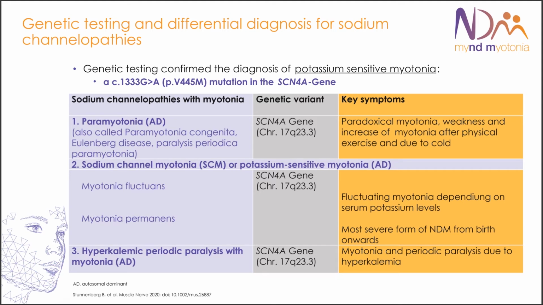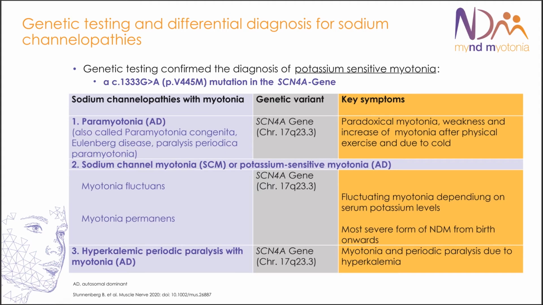He had a mutation as shown here in the SCN4A gene, and this mutation was related to the potassium-sensitive myotonia, which is also named myotonia fluctuans, fluctuating myotonia depending on serum potassium levels and also physical effort and exercise.